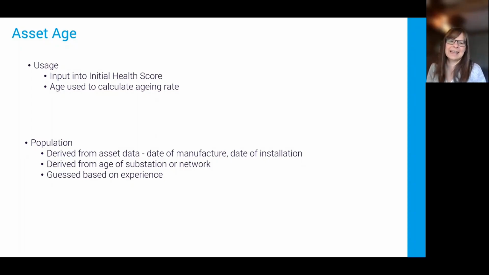So it's less than ideal, but it does give us a starting point. Customers generally know which are their older parts of the network, which are the newer parts, so it's not ideal, but it's better than nothing, and it's good that we can start from at least something.